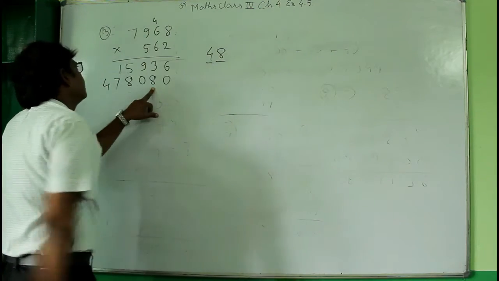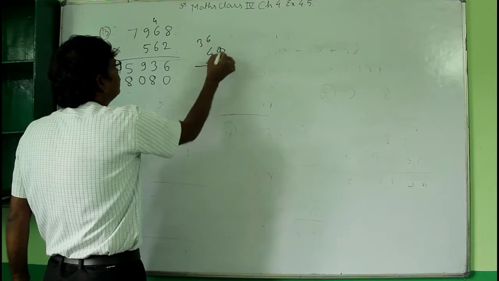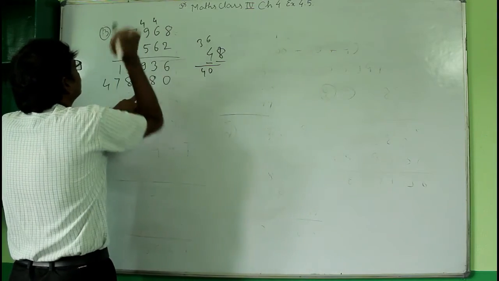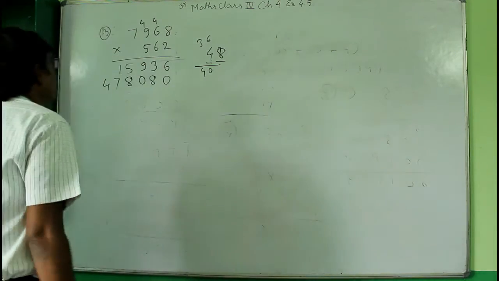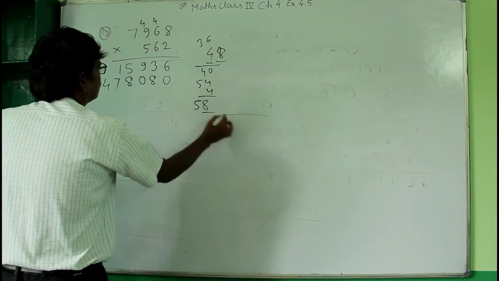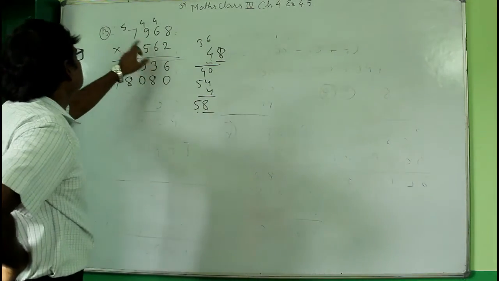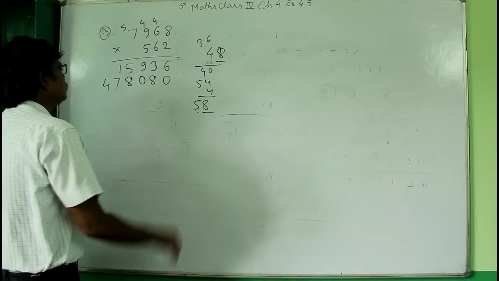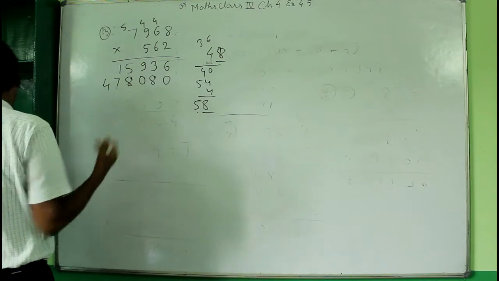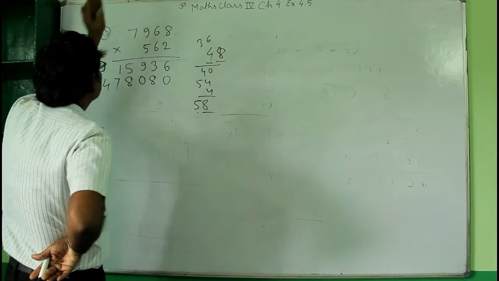Then 6 6s are 36, and 36 plus 4 will be 40. Then write here 0, and then carry again 4, and 6 9s are 54, and 54 plus 4 is equal to 58. Then write here 8, and then carry 5 at this place. Then 6 7s are 42. 42 plus 5 will be 47. So this is the step. Now again these carried numbers will not be useful for the next step.